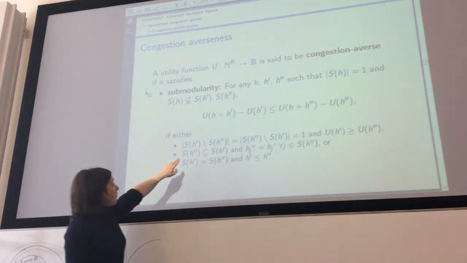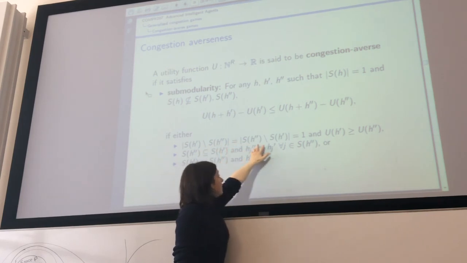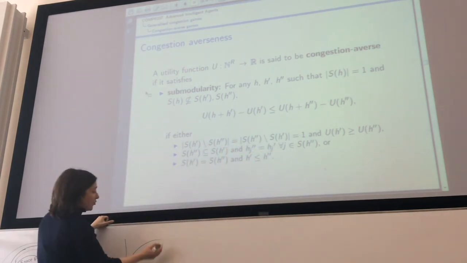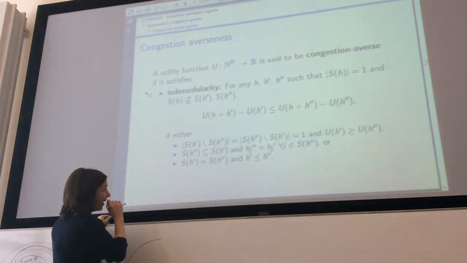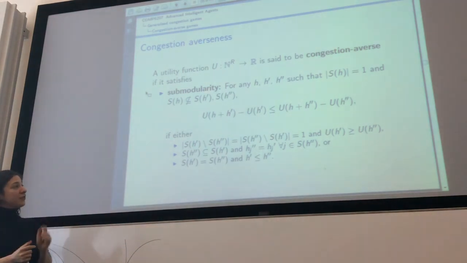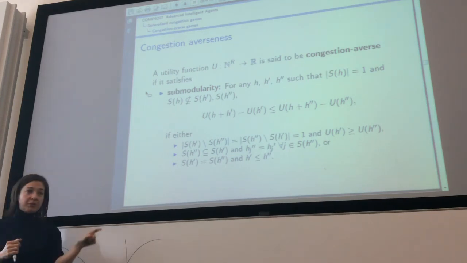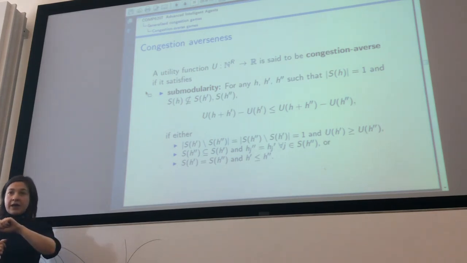If we have H prime and H double prime, and their supports differ by exactly one resource on each side, that means there was a switch between H prime and H double prime.